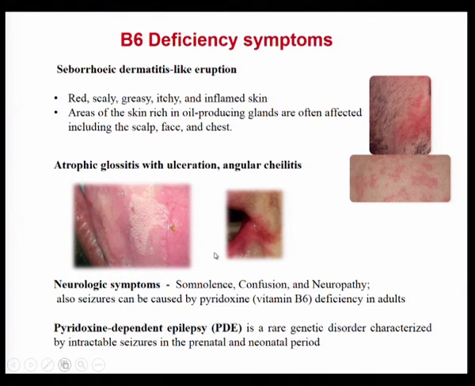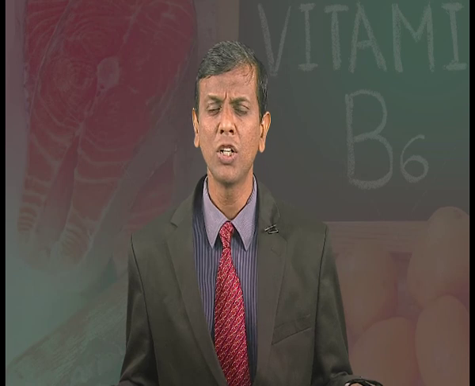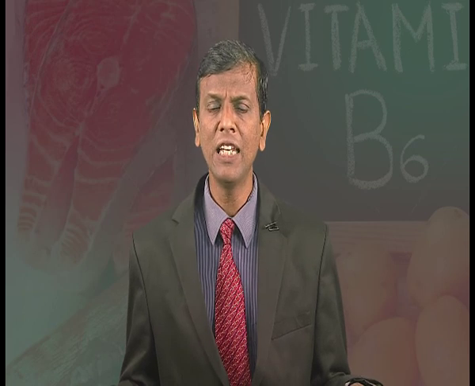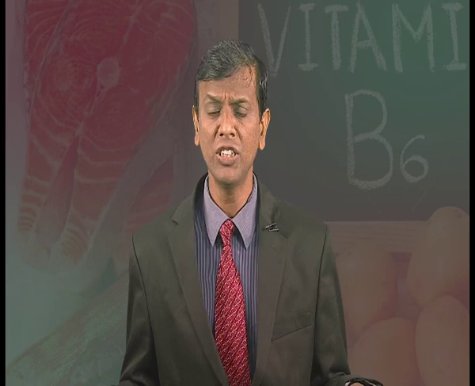Now we have one more condition, what we call pyridoxine dependent epilepsy. See, pyridoxine dependent epilepsy is a little different from the adult seizures caused by pyridoxine deficiency. Probably we can also link this as an extension of our body's inability to cope with stress. So here we have PDE, which is basically a condition exclusively connected with the prenatal and neonatal period.